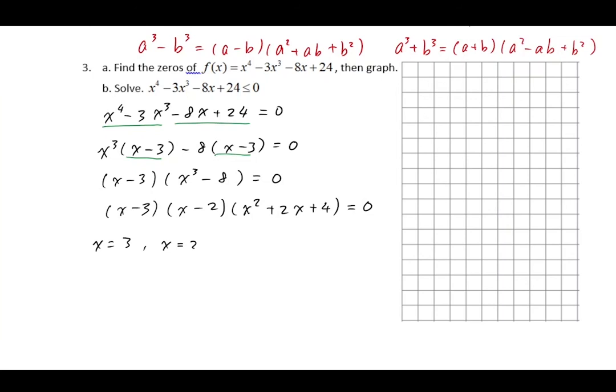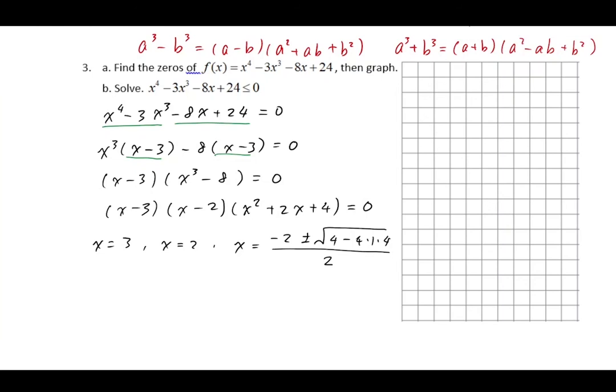Okay, this thing does not factor, you can try, so we use the quadratic formula. So x is equal to negative b plus or minus the square root of b squared minus 4 times a times c, over 2a.